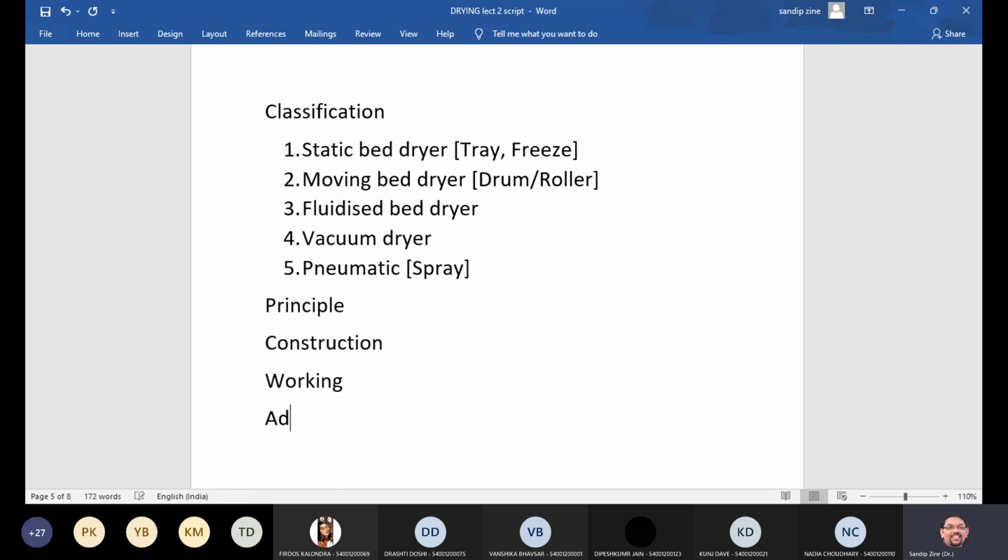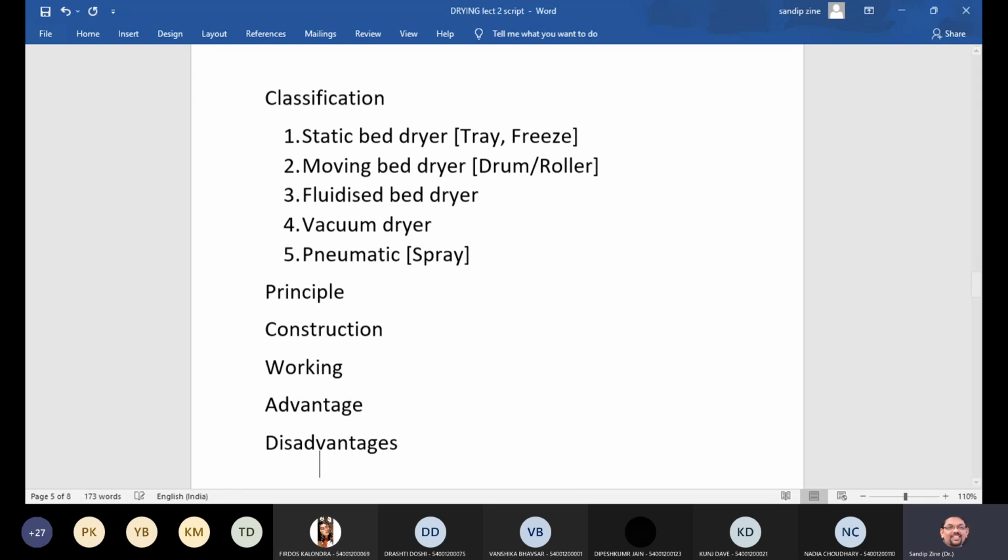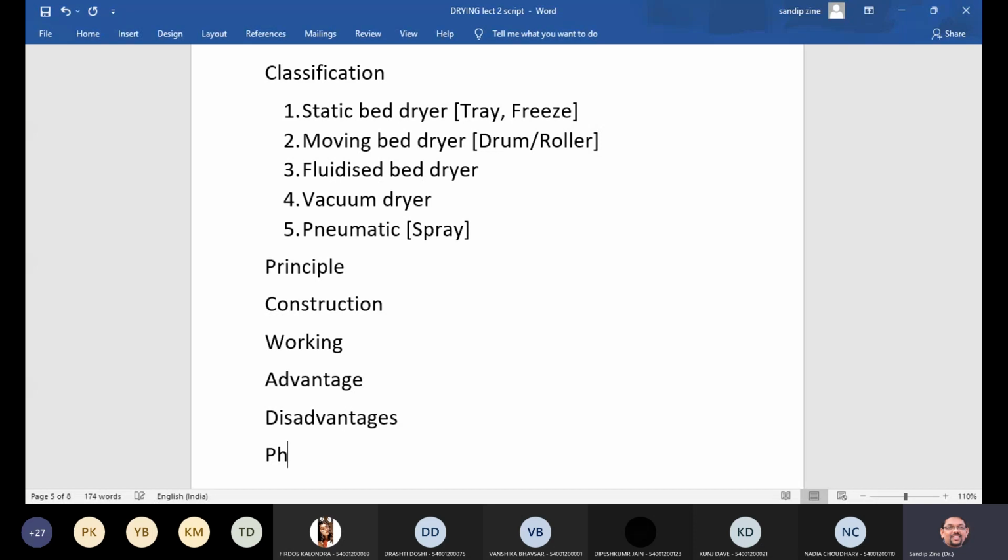then advantages and disadvantages, or maybe one more point we will add over here for discussion purpose as pharmaceutical applications.